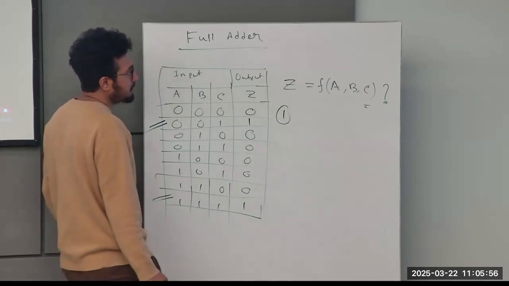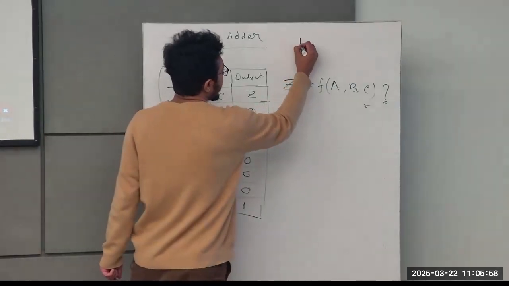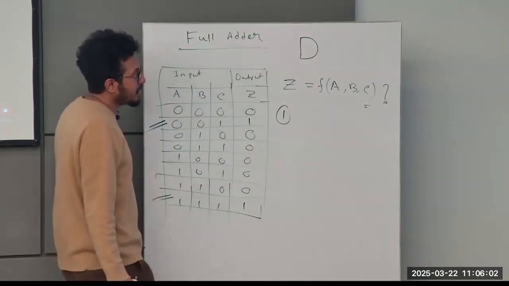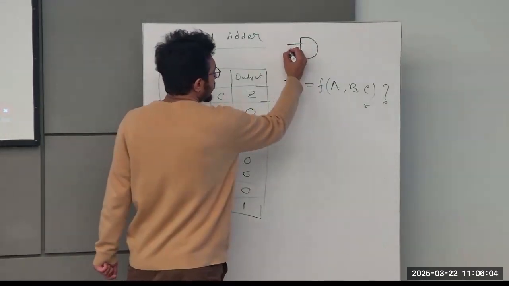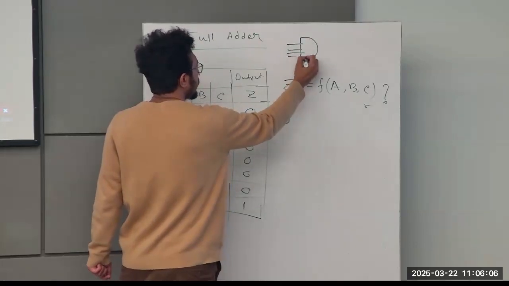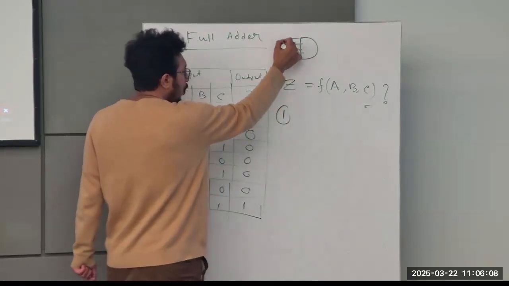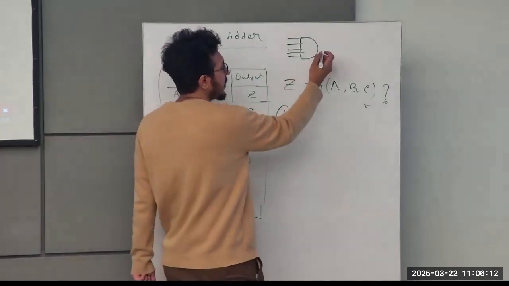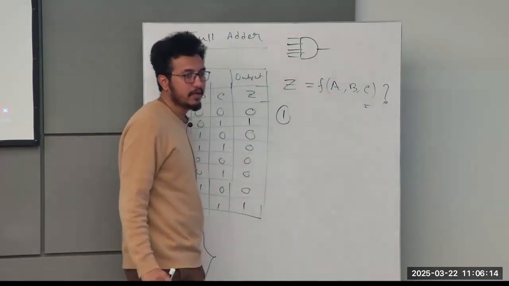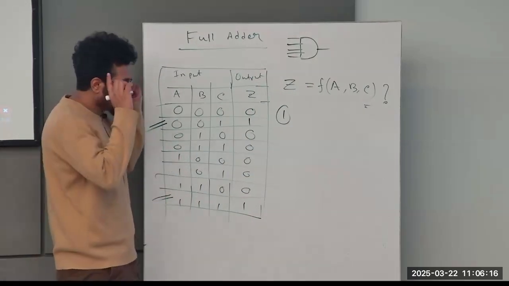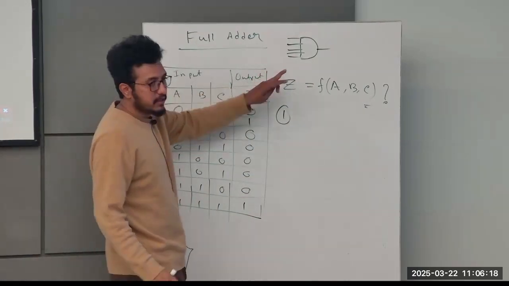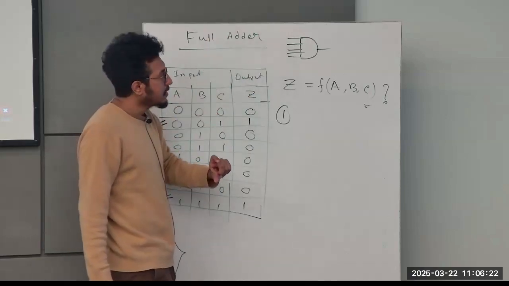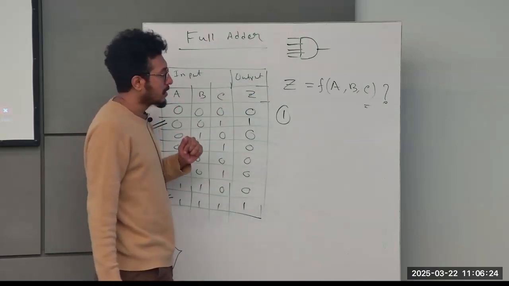If you have an AND gate, and your AND gate has, let's say, 2, 3 or 4 inputs, only if all the inputs are 1 does your AND gate give you a 1. Just keep it in mind. In an AND function, if all the inputs are 1, your output is 1.